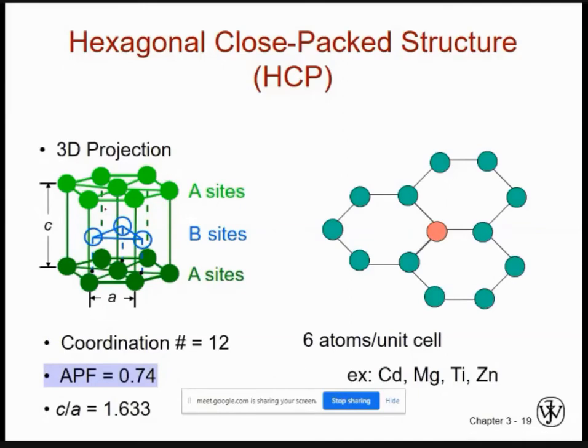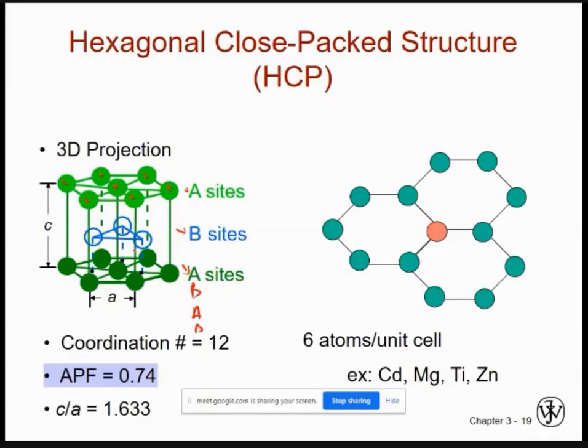So that's what we have here. Hexagon, 6 atoms at the corners, 1 at the middle, the same layer underneath, and at the center, 3 atoms, which is the total inside that hexagon. So I have layer A, layer B, and layer A. Underneath it continues B, A, B, A. We just chose these 3 as enough to represent it.